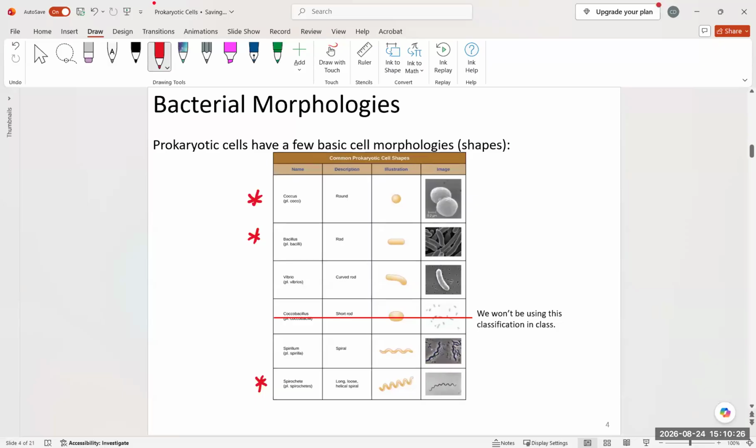Now, spirillum is another spirally morphology, but if you compare the two pictures, you'll notice that the spirillums tend to be a bit thicker and they're less wavy than the spirochetes. Another one that does exist is vibrio, which are more like curved or comma-shaped cells.